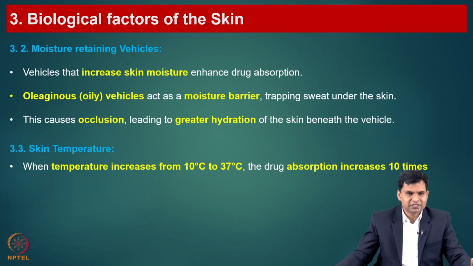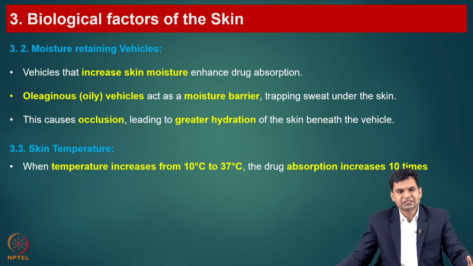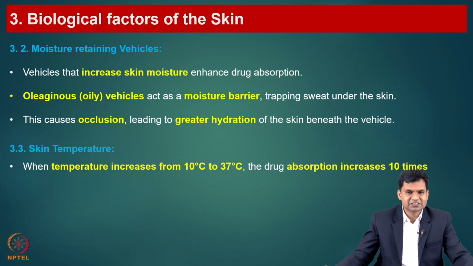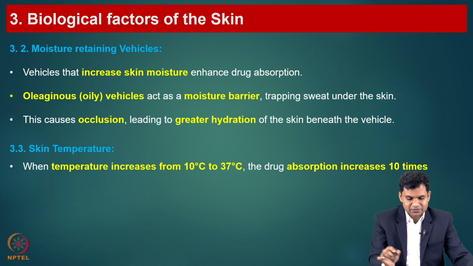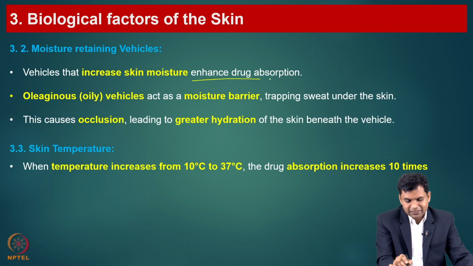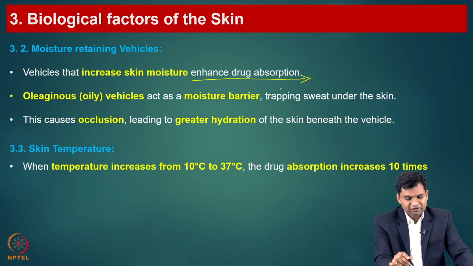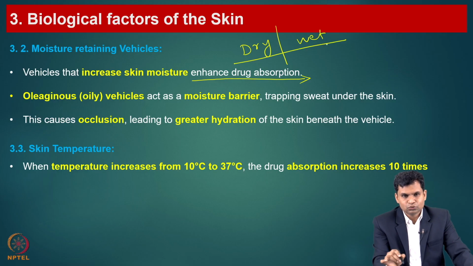And the second one is moisture retaining vehicles. So, here there are vehicles that will increase the skin moisture, because that ultimately helps absorption. If it is a dry skin versus a wet skin, and you compare these two, the moisture available in this skin is high and here it is very little.